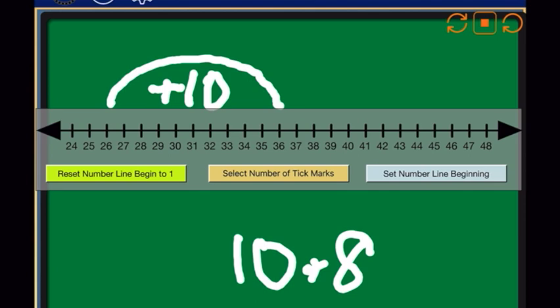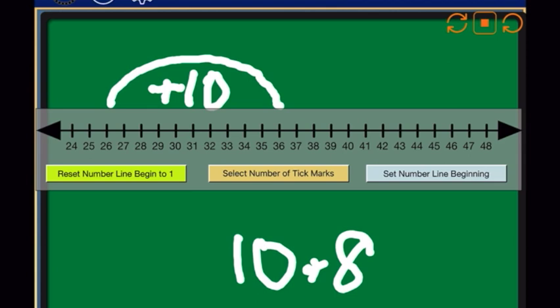The students may want to use their knowledge of doubles and split that 8 in half and jump 4 at a time. Some of them may still be working at that single unit and may just jump in ones. But in order to use all of my strategies and be the most efficient that I can be, I am going to use my knowledge of doubles and split this down into 2 jumps of 4.